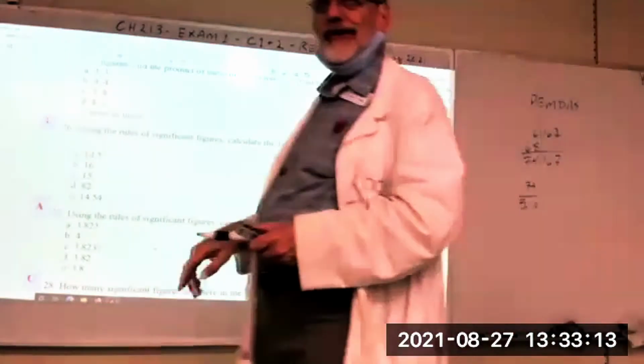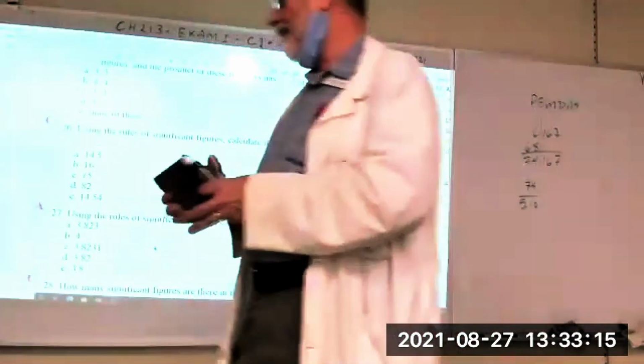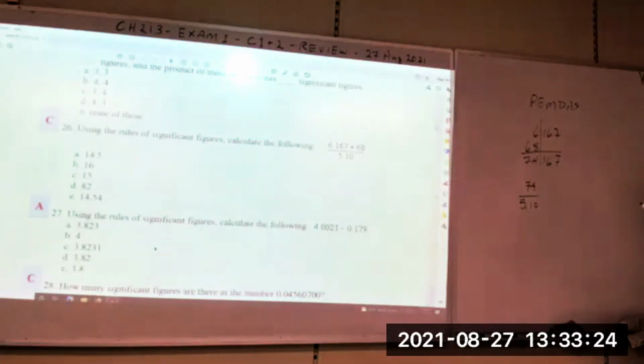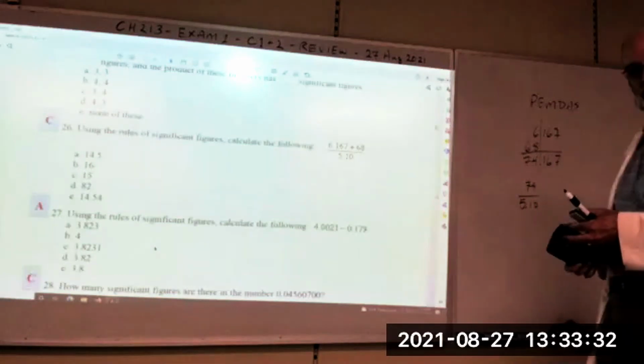Okay, sorry, I get my calculator out. 74 divided by 5.1. 14.5098.